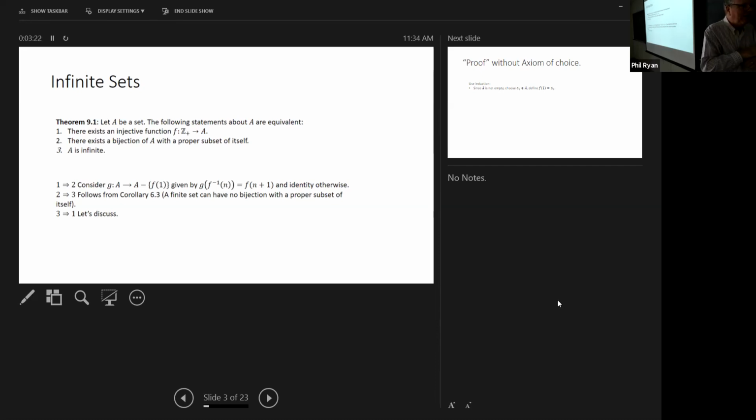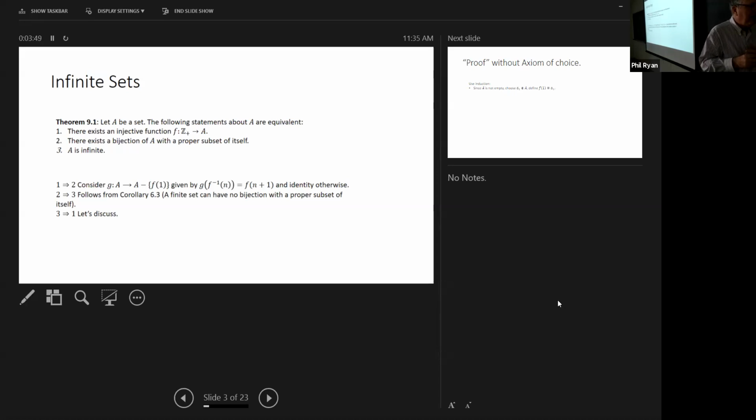So you let g of the first element be f of the second element, of the second element, f of the third element, etc., and then it's just the identity otherwise.